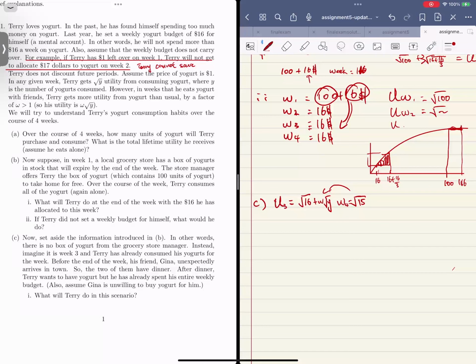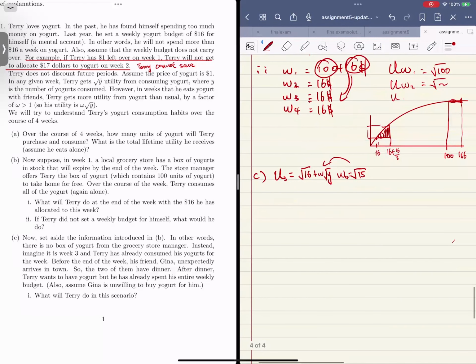I don't know if Terry gets more utility in that one yogurt, or is Terry getting more utility in the bulk of the weekly yogurt? That's a problem, right?